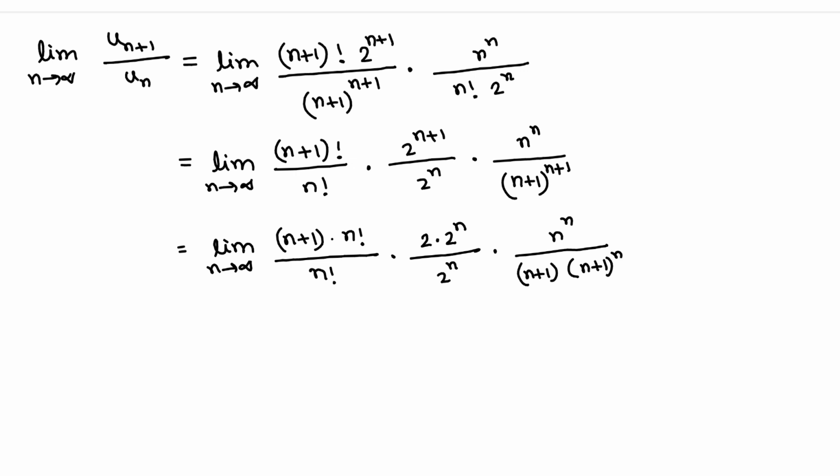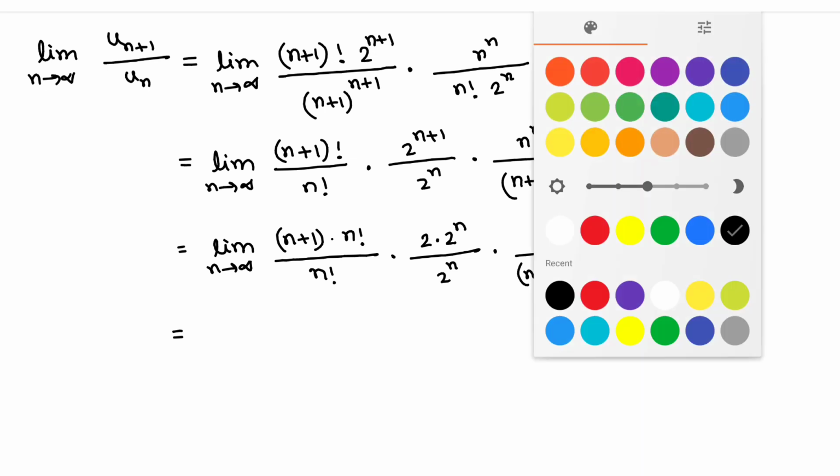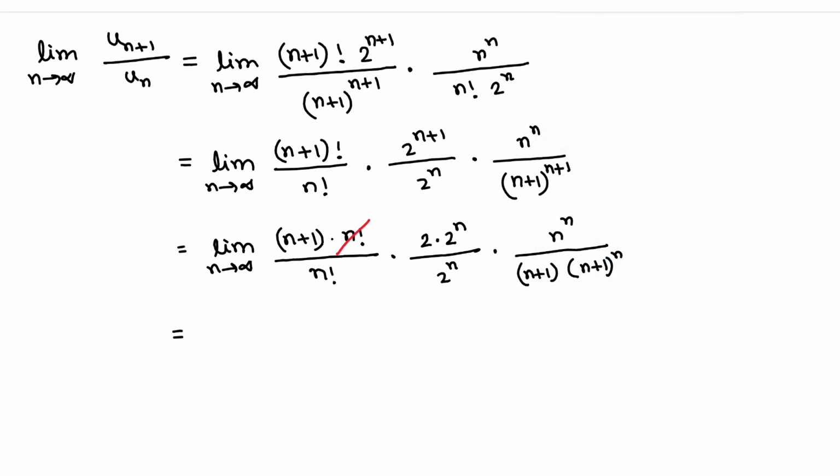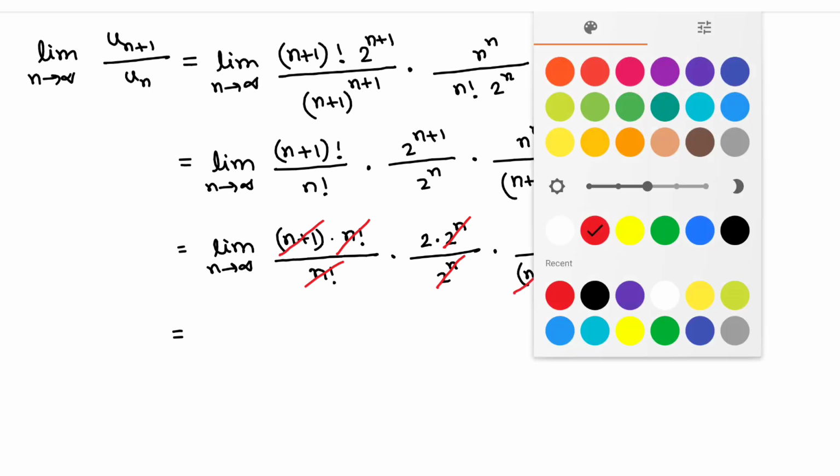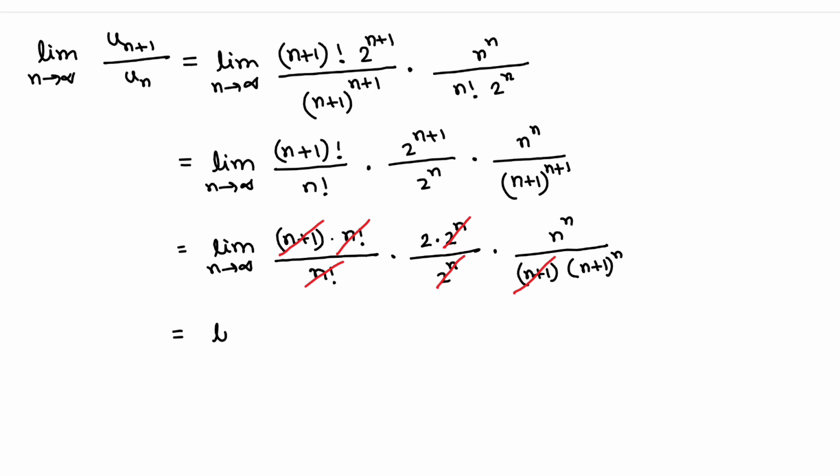Clear? So this is equal to, so from here n factorial cancelled, 2 to the power n, 2 to the power n cancelled, and also this n plus 1 and this n plus 1 cancelled. Okay, so what we are getting, limit n tends to infinity 2 into n to the power n divided by n plus 1 to the power n.